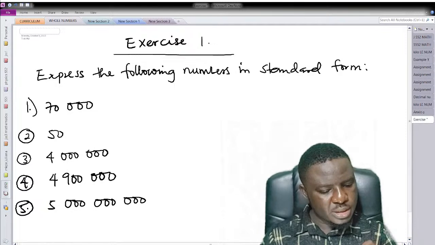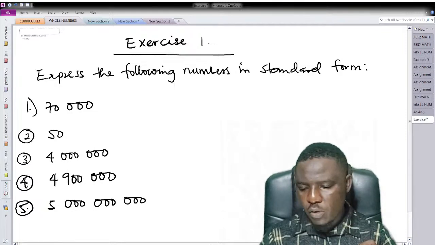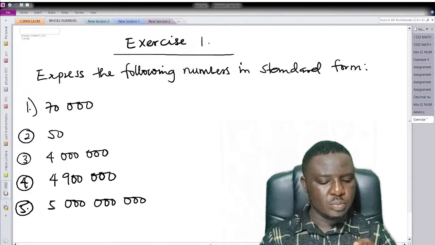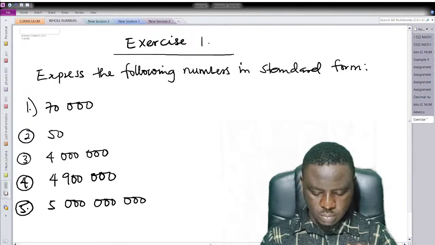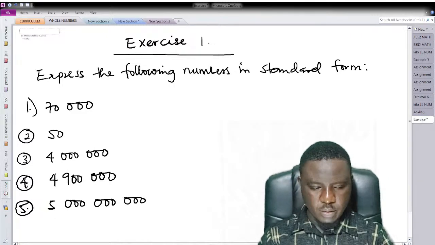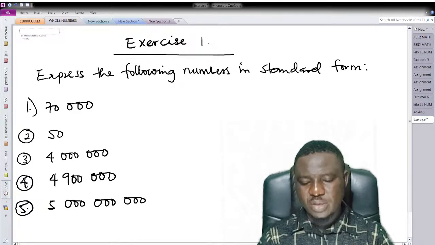Number 1, you said it's 7 times 10 raised to the power of 4. That's good. Number 2, you got number 1. What's the answer to number 2?